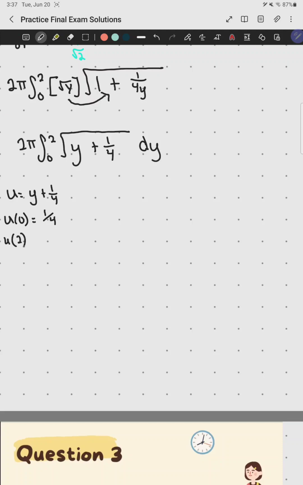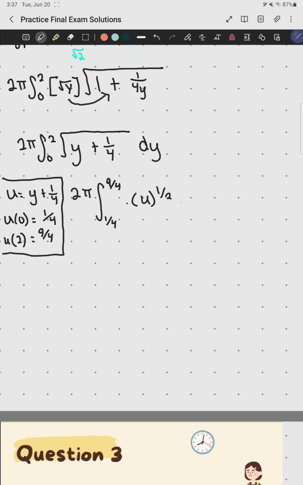Our u at 2 equals 9 over 4. So we're left with 2 pi, integral from 1 over 4 to 9 over 4, square root of u, du.